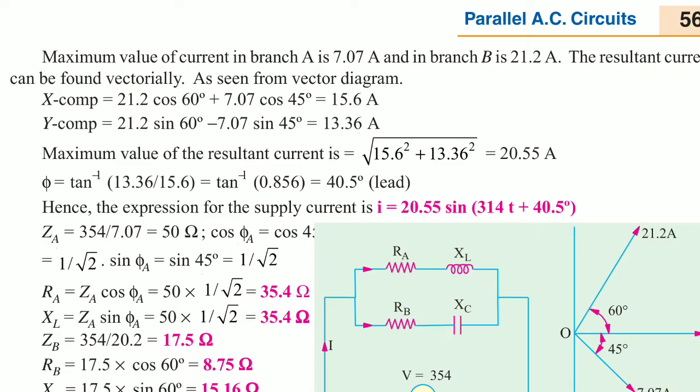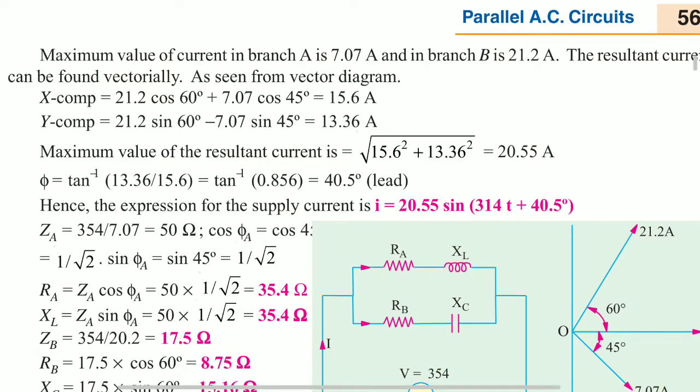Now calculate the y component. The y component is 21.2 sin 60 minus 7.07 sin 45. That will give 13.36 amps of y component current.